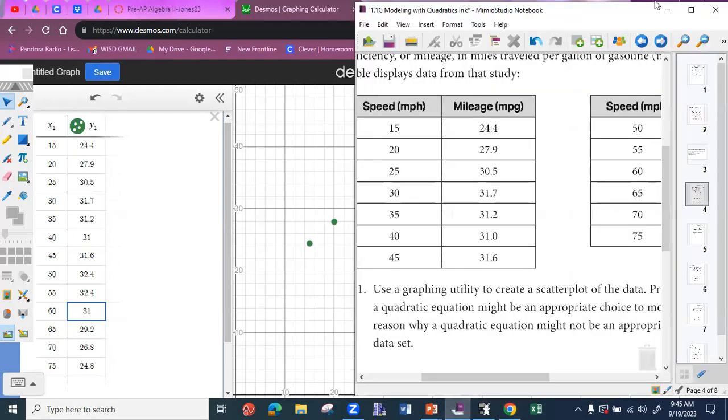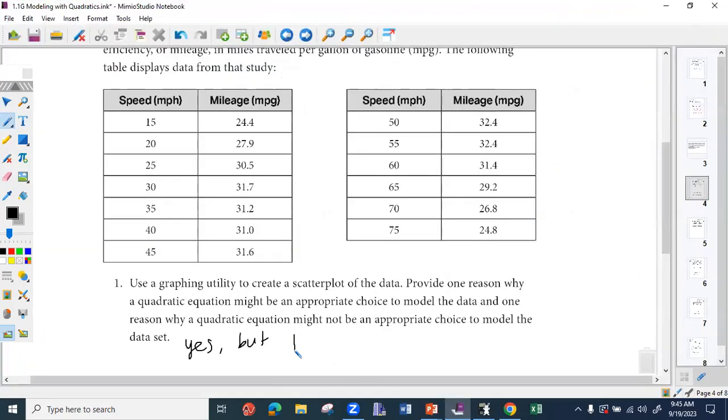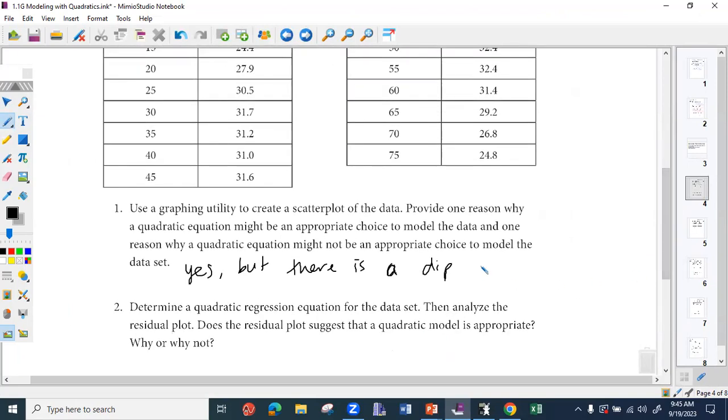And the answer is yes. However, there's a little dip in the graph, right? Yes, but there is a dip in the graph.